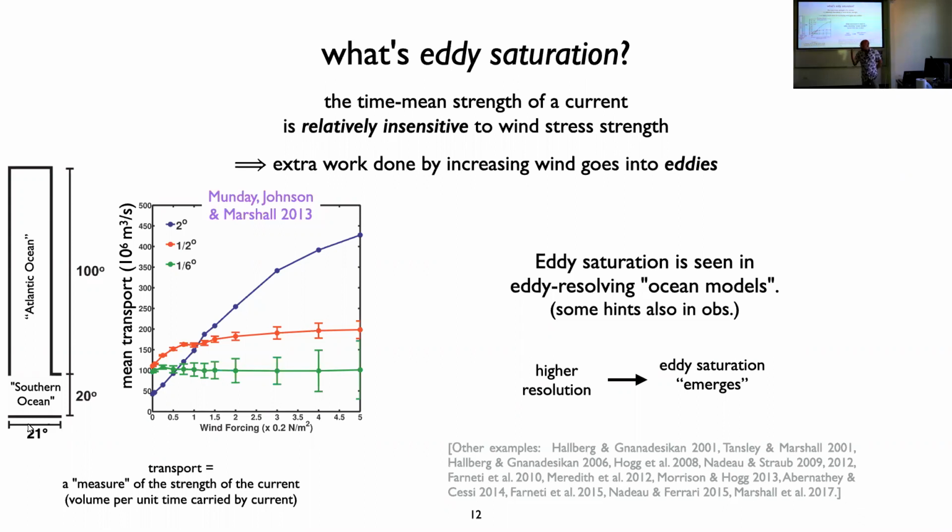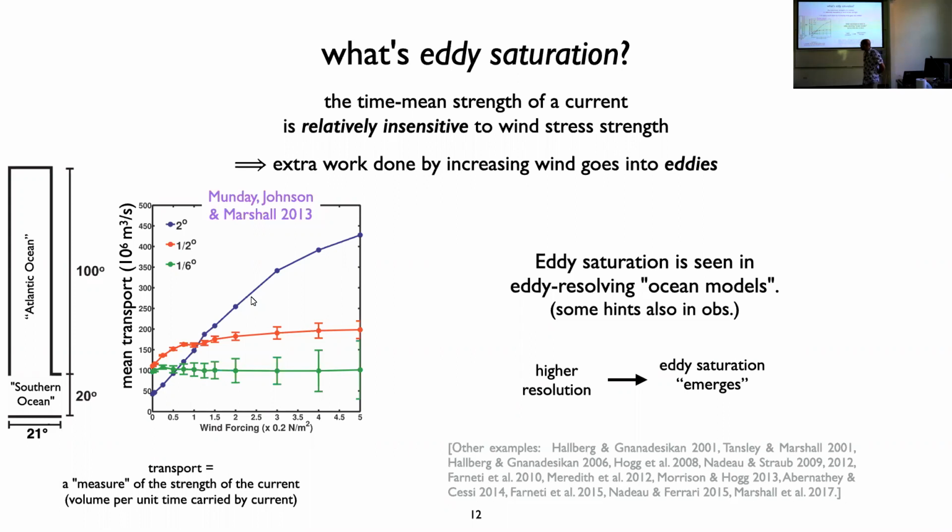People have run simulations on this sort of ocean, and they have found the following. What they're plotting here is the strength of the current versus the strength of the winds. When the simulations had very coarse resolution, 2 degrees, for example, they were doubling the winds and the strength of the current was doubling.